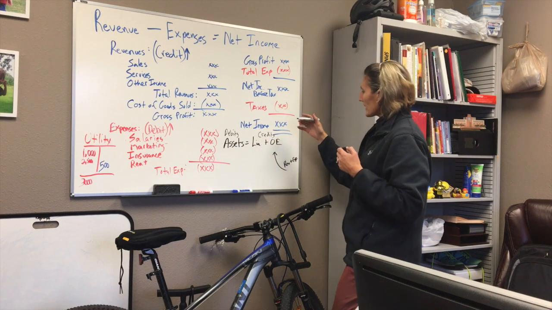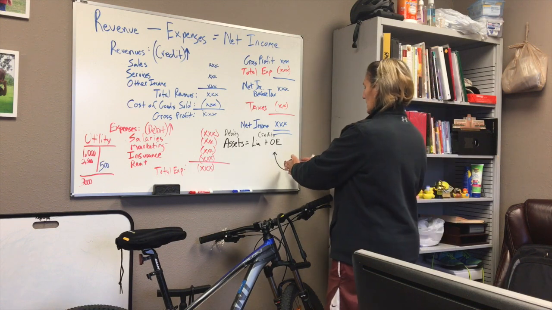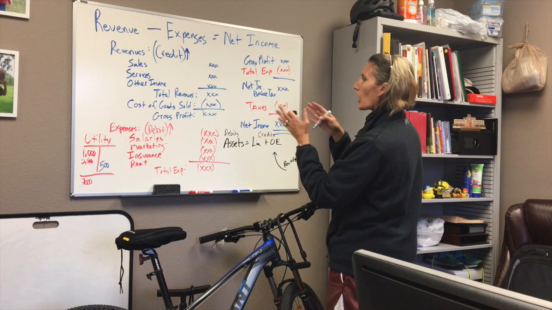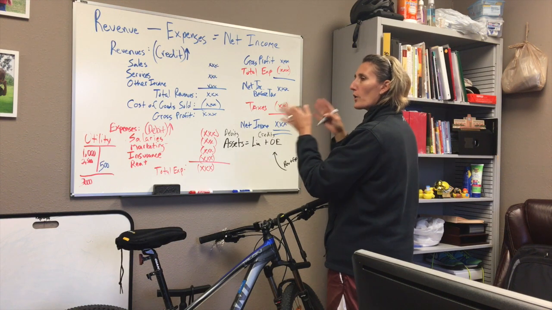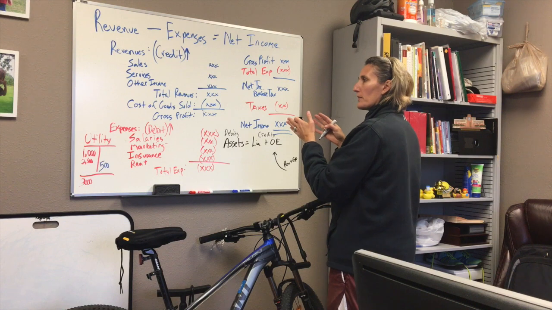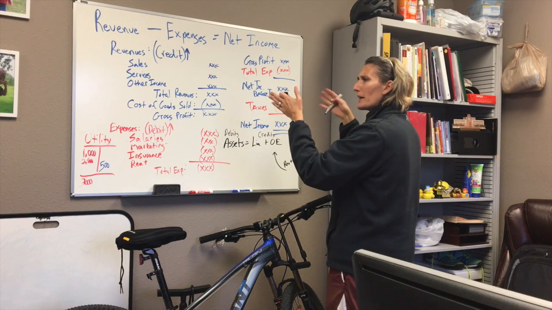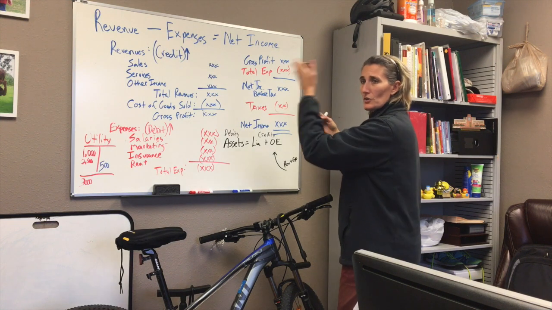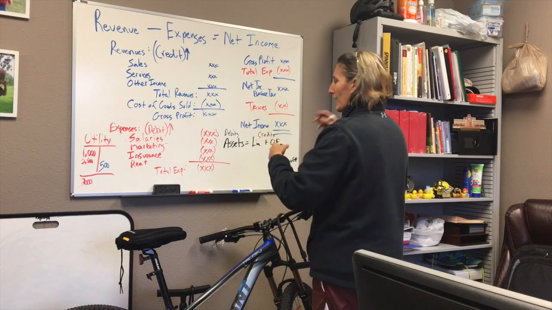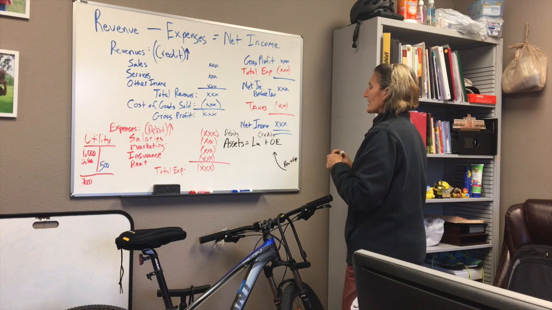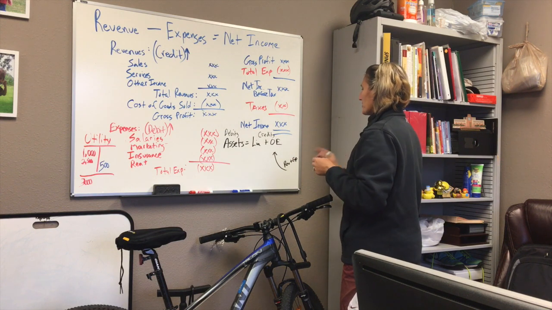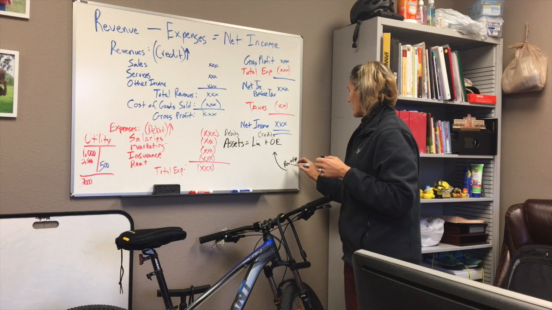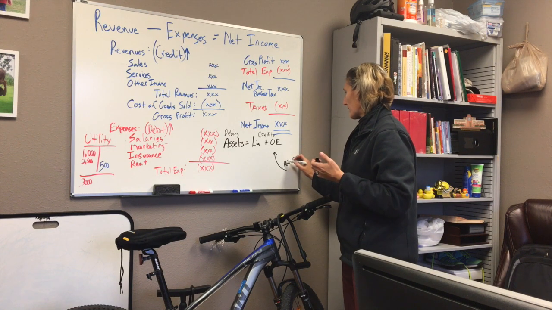Income and expenses oftentimes tend to offset themselves. They go against each other. If you increase your income, you've probably also increased your expense in some form or fashion, because you've usually incurred an expense to generate that income. When you get down here, your revenue is your income.